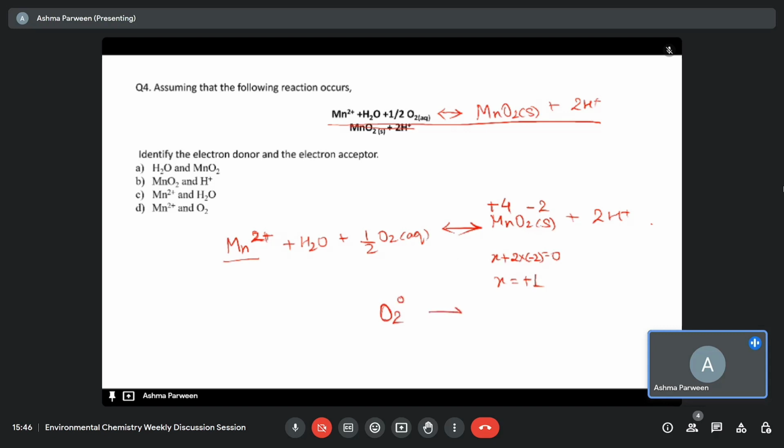So oxygen goes from 0 to minus 2, and Mn goes from 2+ to 4+. So Mn has donated its electrons, so it is the electron donor, and oxygen has accepted the electrons, so it is the electron acceptor. So we have to find out first the electron donor, that is Mn2+, and the electron acceptor is oxygen, that is O2.